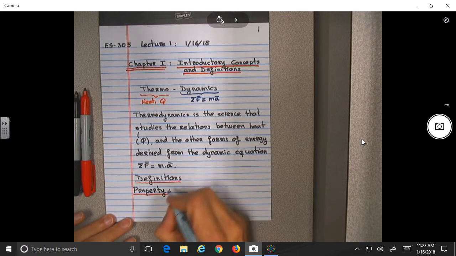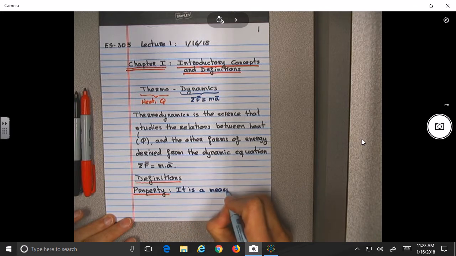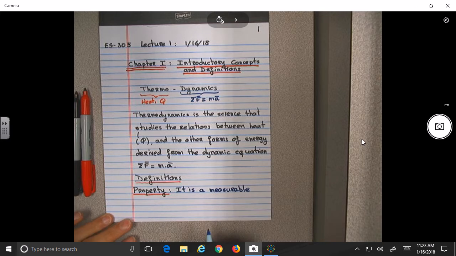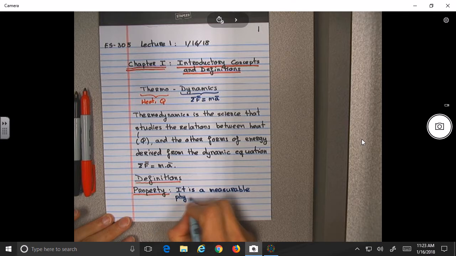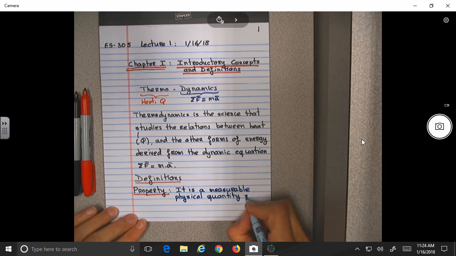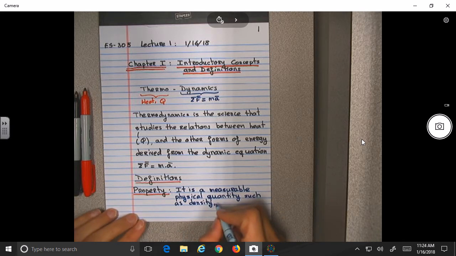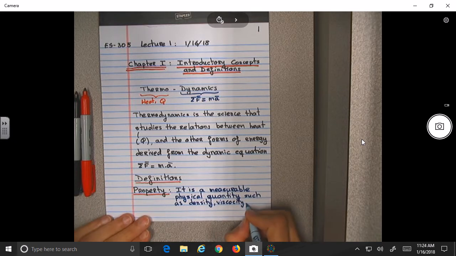So it is a measurable physical quantity such as, I don't know, we can say density, viscosity, and there is all other kinds, okay?